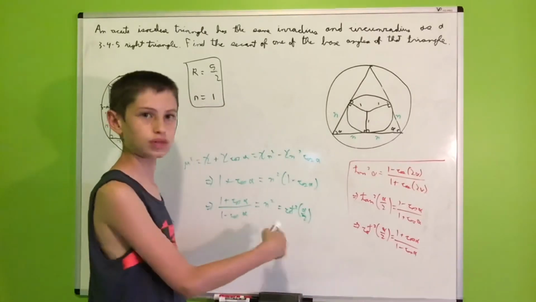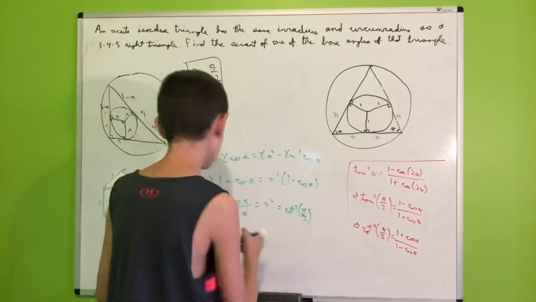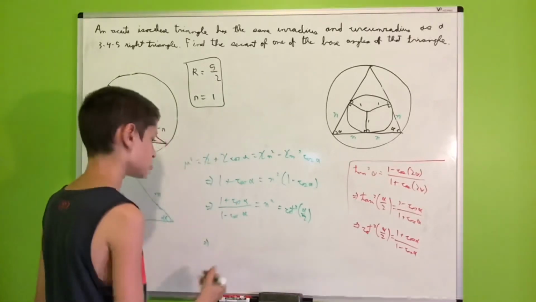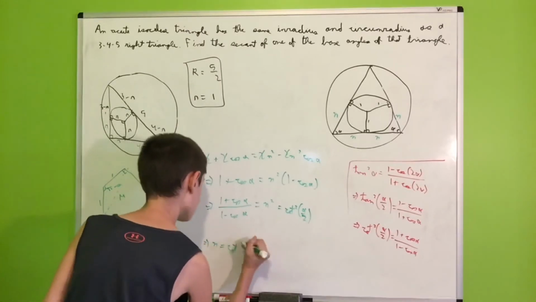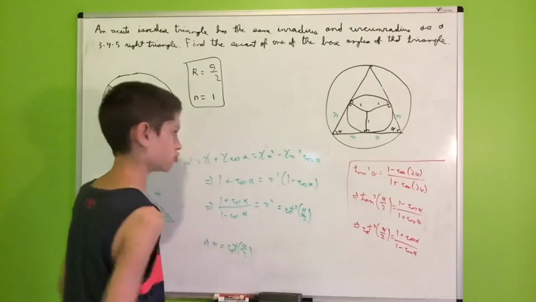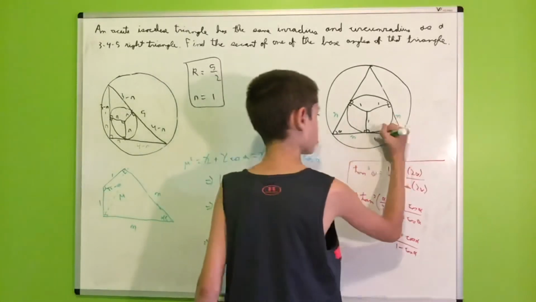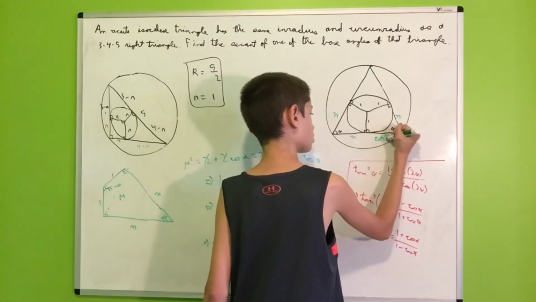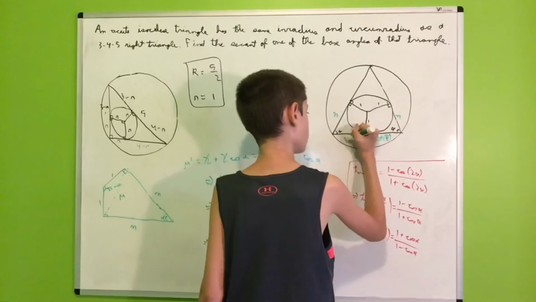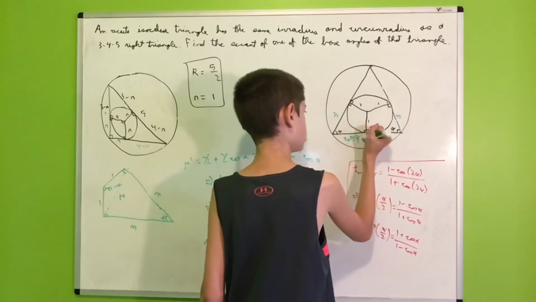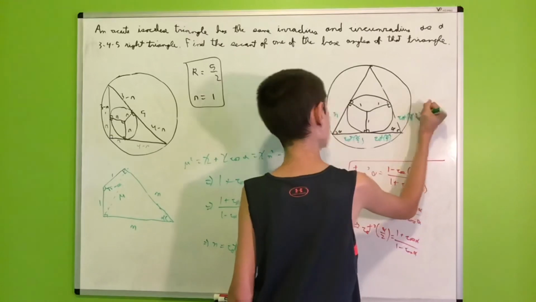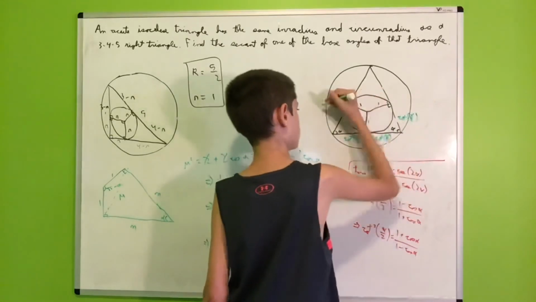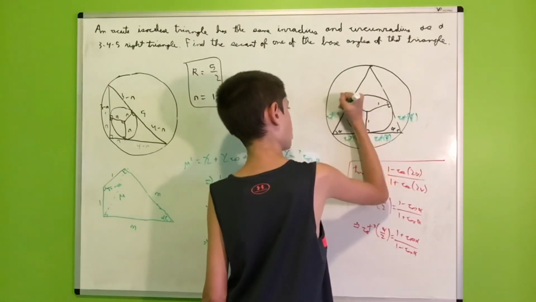Then we'll take the positive square root on both sides so that things make sense. We get n equals cotangent of alpha over 2. So let's insert that into our diagram. Cotangent alpha over 2, cotangent alpha over 2, cotangent alpha over 2, and finally cotangent of alpha over 2.